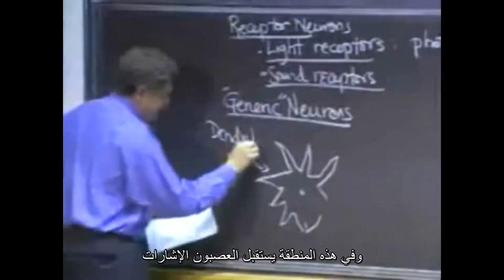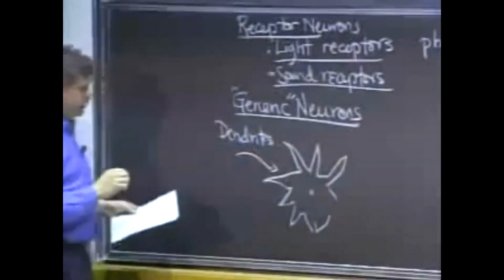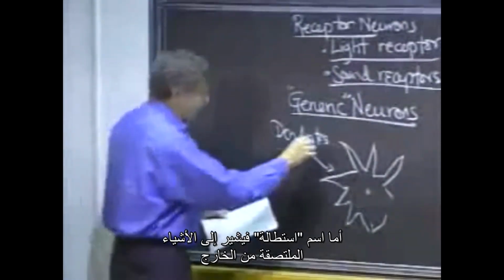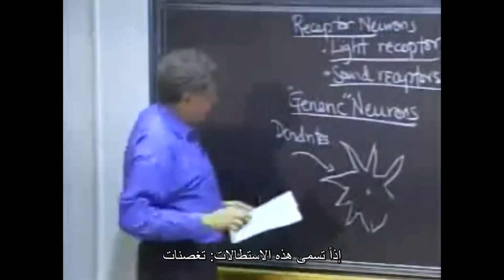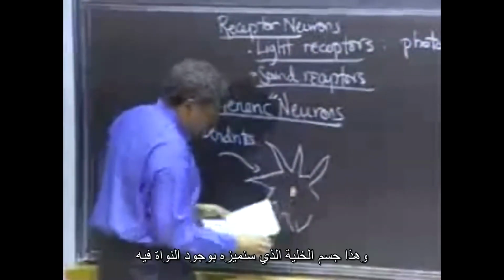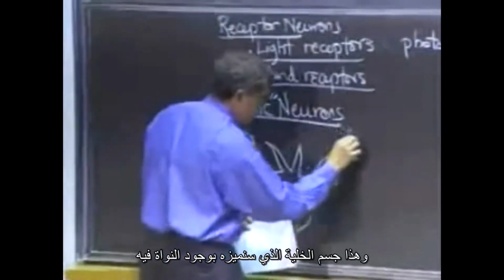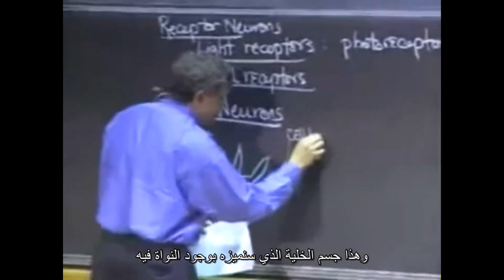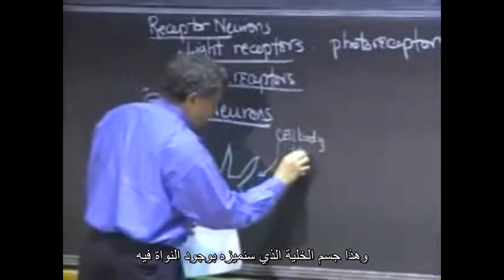That's where it's going to receive signals. Processes are the name for things that stick out. So these processes are called dendrites. Here's the nucleus of our cell. Here's our cell body, with a nucleus in it.